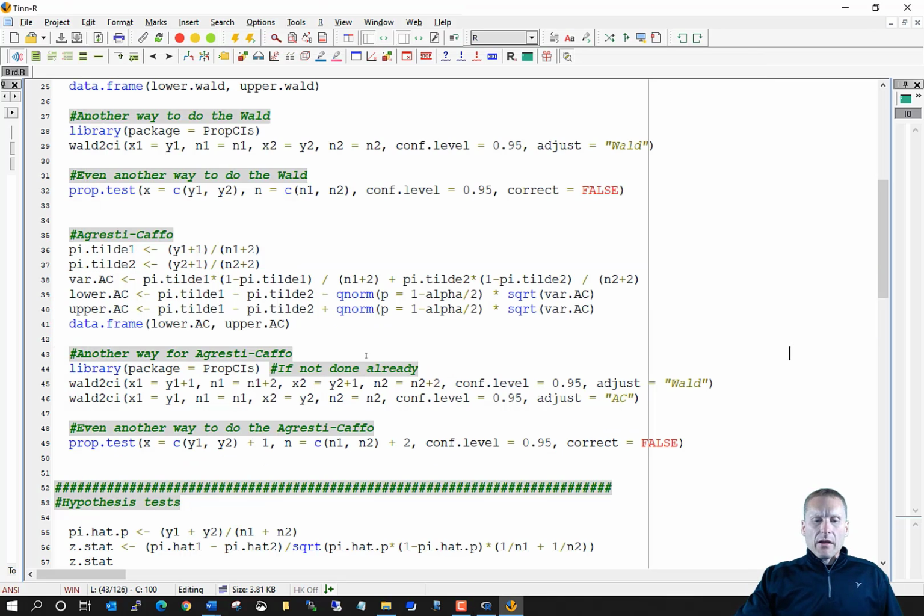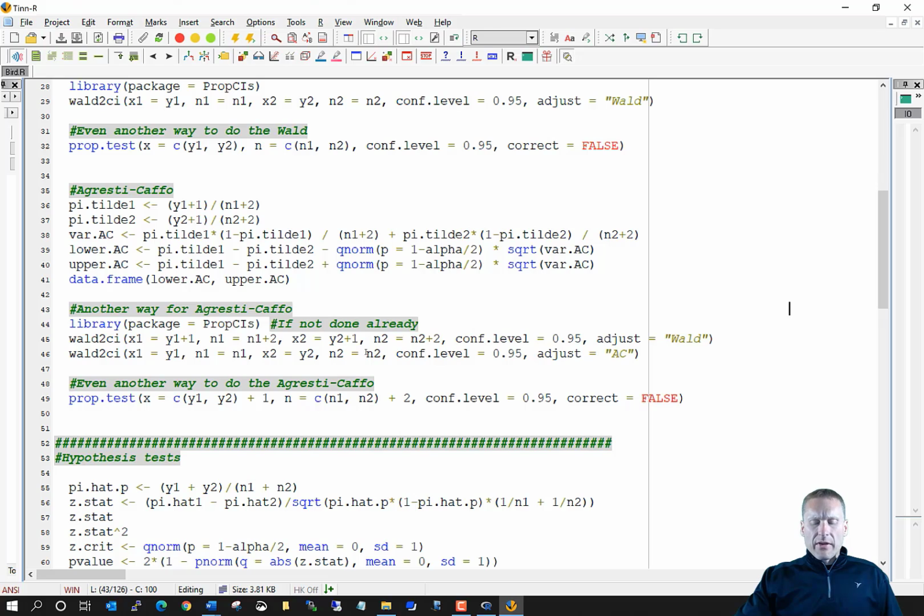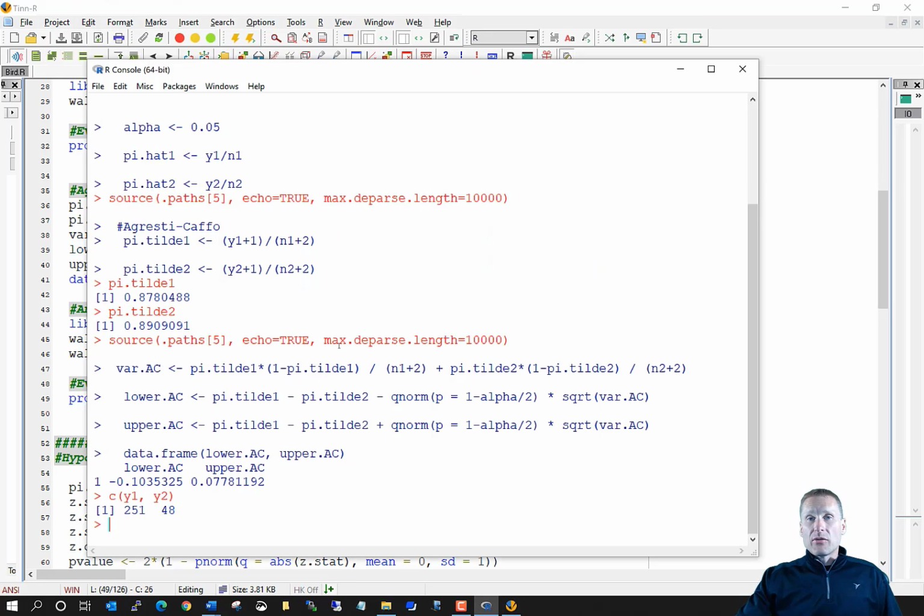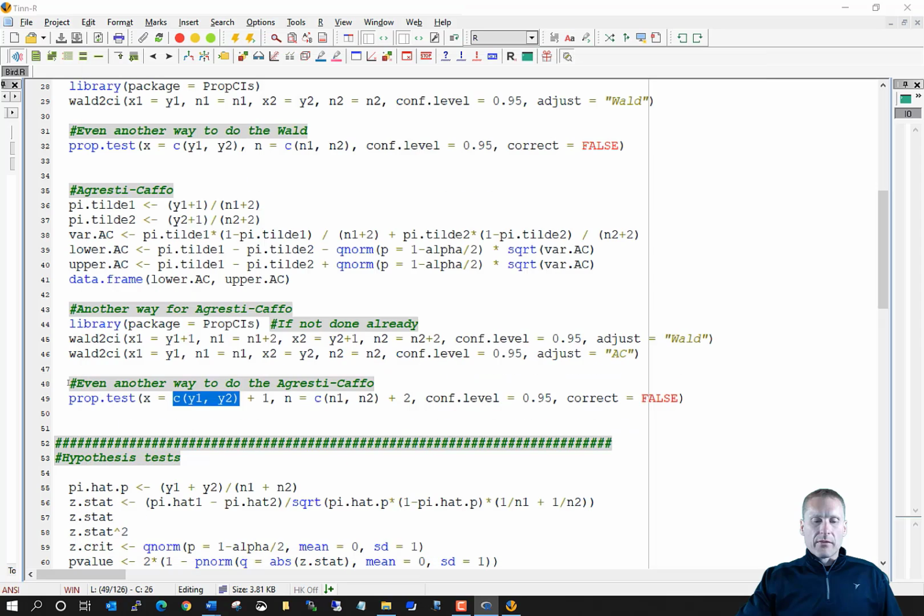Okay, let's look at another way to do some of these calculations. There's a function called prop.test. In fact, we've seen that before. In the x argument, we can combine y1 and y2. Let me show you that indeed we are combining y1 and y2 into a vector, and then we add 1 to it.